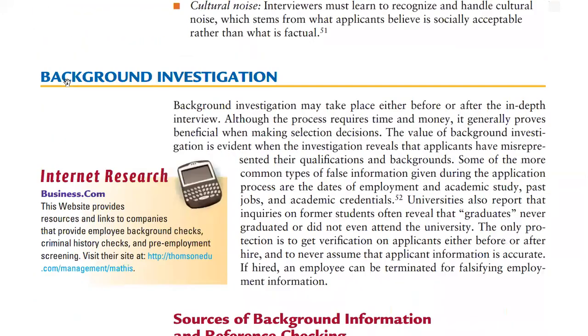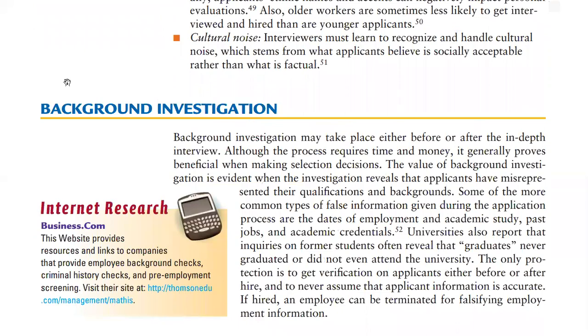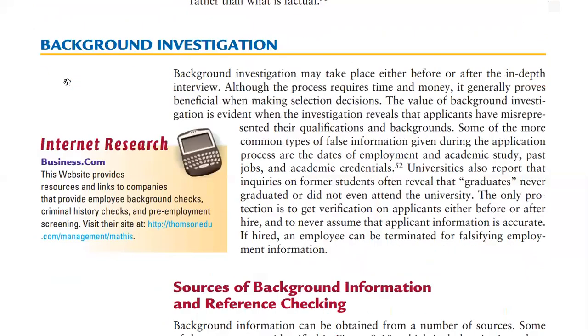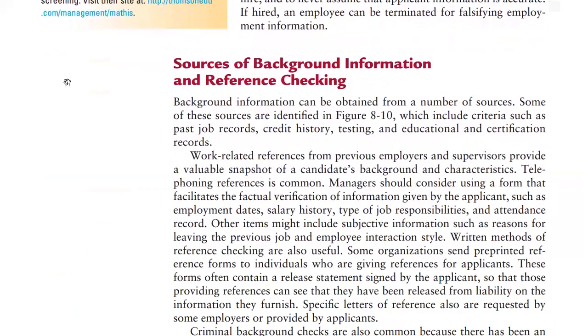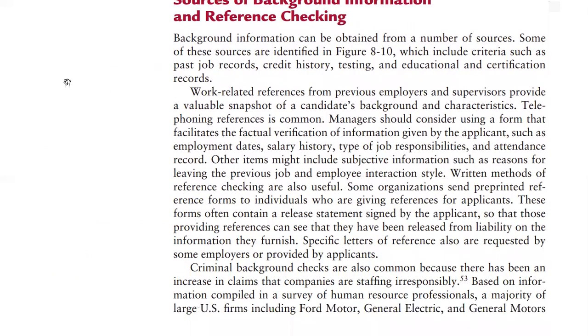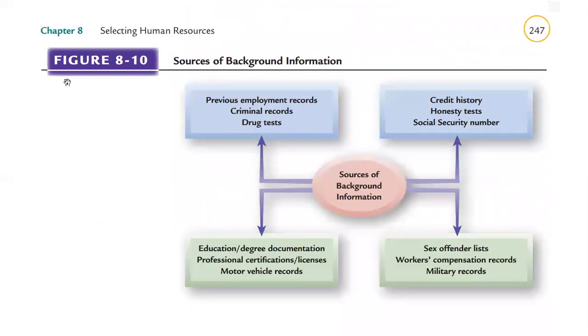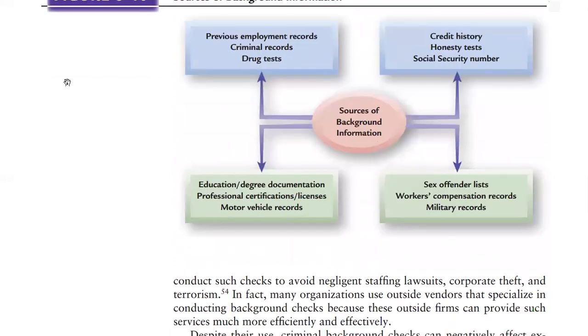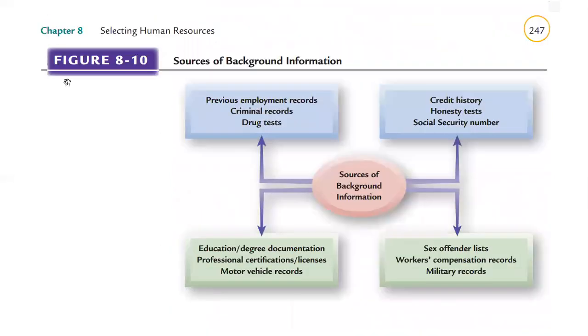So this section talks about the background investigation, the type of question, the sources of the background information. So usually the immediate past employer is a source, and also other sources are there, like education institutions and these places.